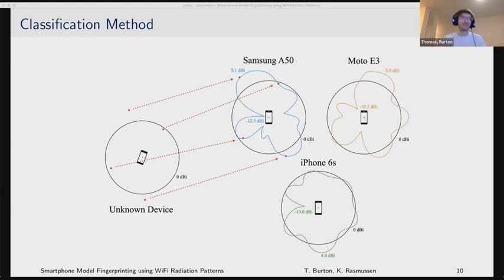Now, this is more difficult in practice, obviously. First of all, directivity is not a property you can just measure. We need to do some calculations in order to estimate it. Secondly, because we're dealing with RSS, we have the problem of fast fading, which means there'll be some noise in our measurements. Finally, it's possible there may be close matches on multiple patterns because we have a limited number of receivers.